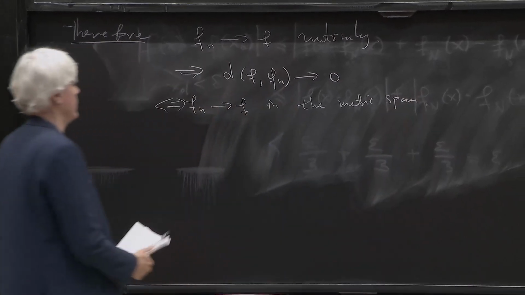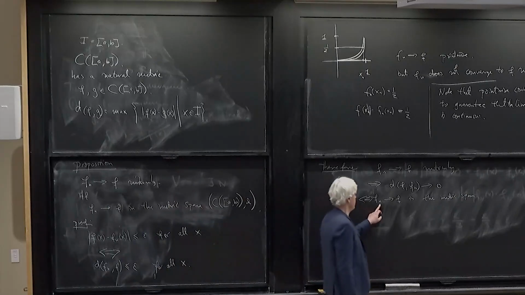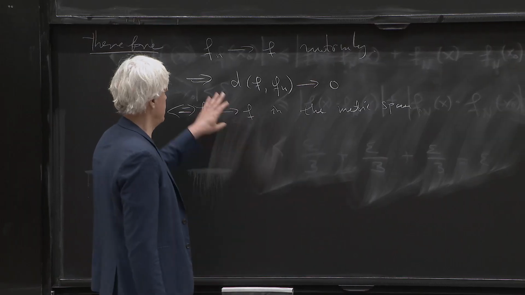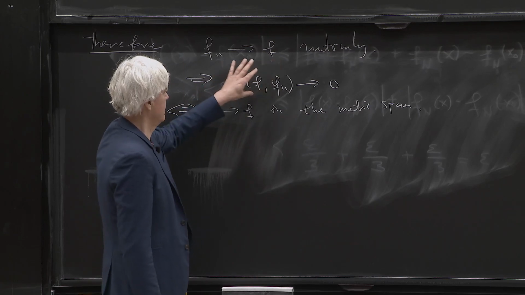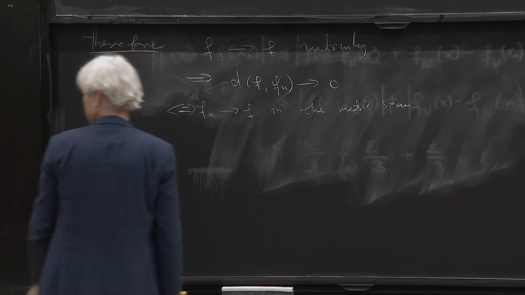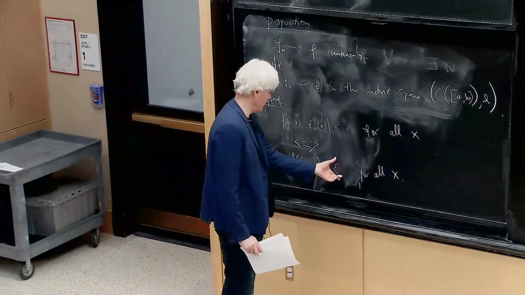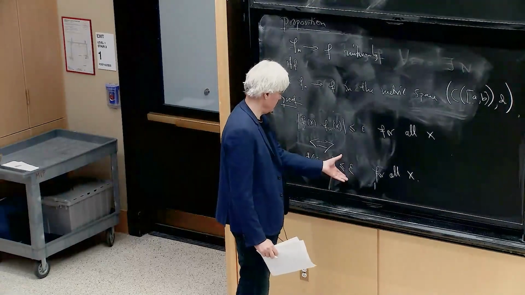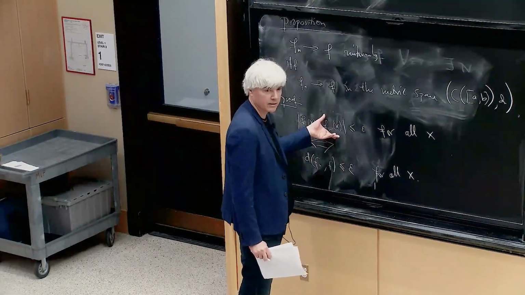And the other way around, if f_n converges to f in the metric space, this is equivalent to saying that the distance goes to 0. But if it goes to 0, then for a given epsilon, if you're sufficiently far out, this is less than or equal to epsilon for every x.